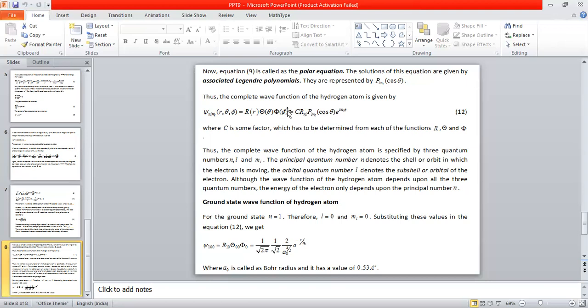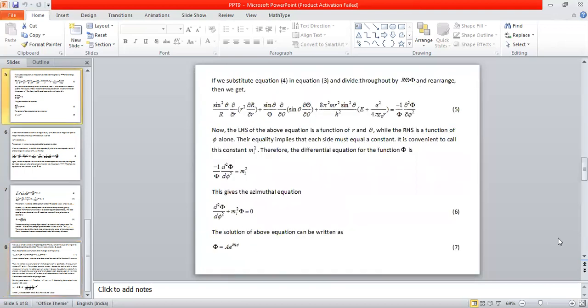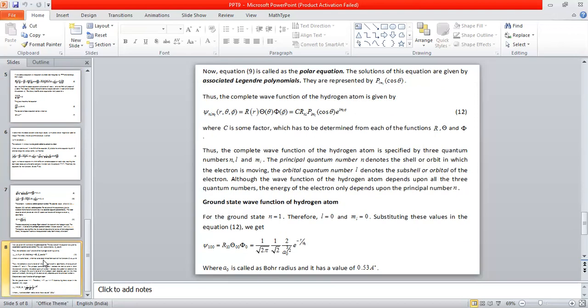The solution of phi, which I have already mentioned, is given by equation 7: A times exponential of i times ml times phi. So we have the function exponential of i ml phi, where C is some factor. Several other factors come into the picture which I have not mentioned here, and I have taken all of those into one common factor that I call C. C also includes the normalization constant.